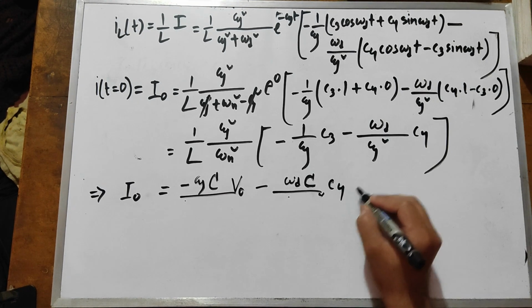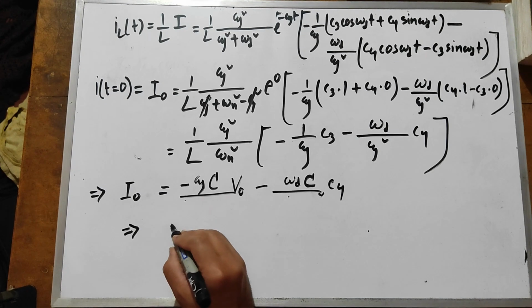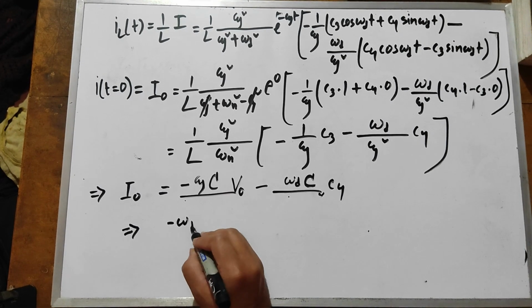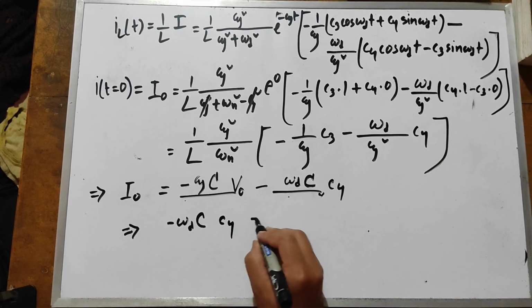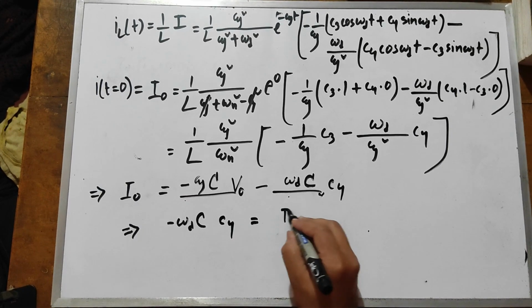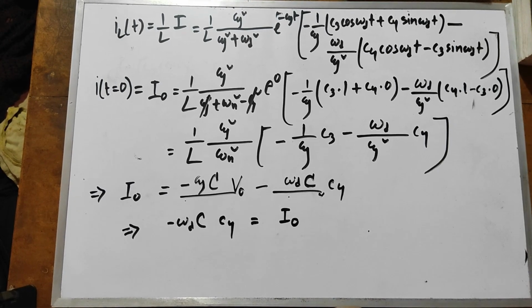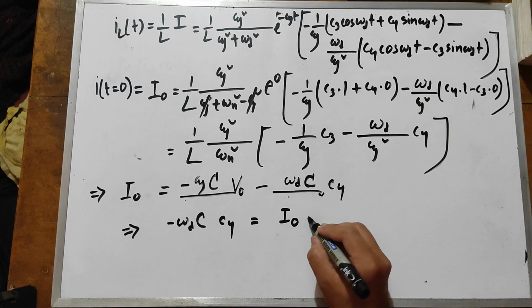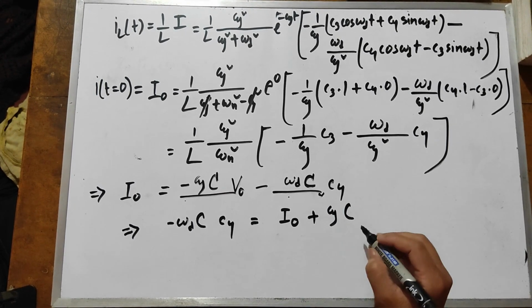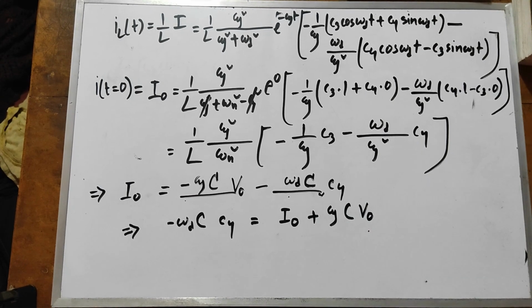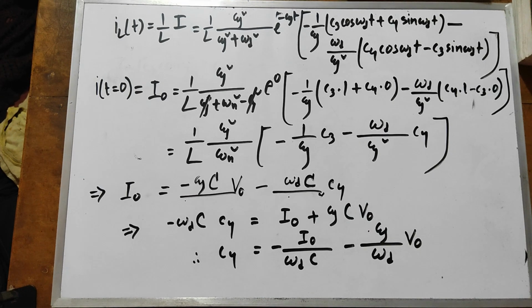So this is basically minus omega d C times C4, where C4 is the initial current plus psi C, the damping factor, times V0. So this is our arbitrary constant.